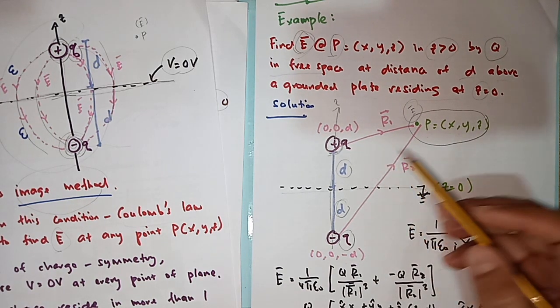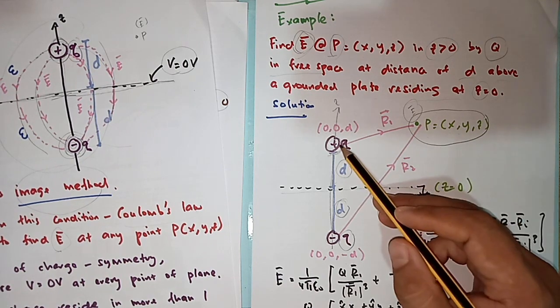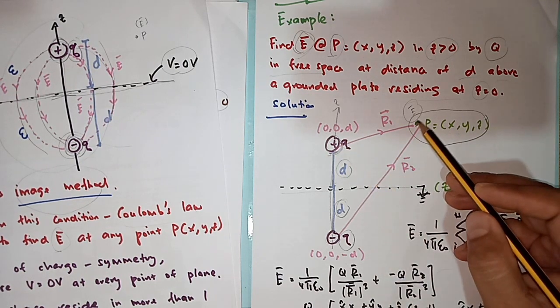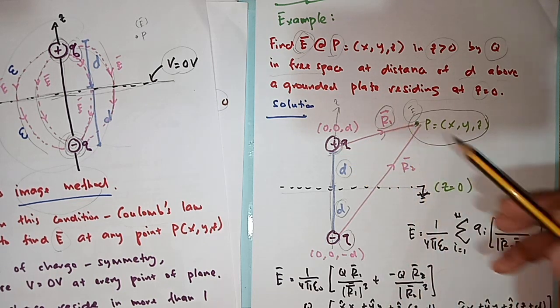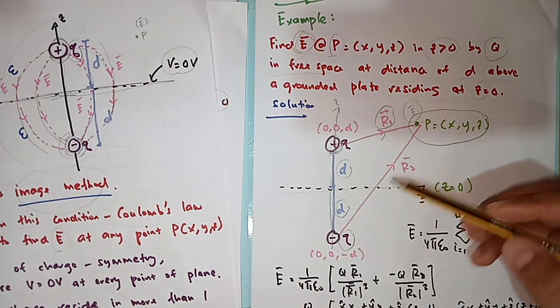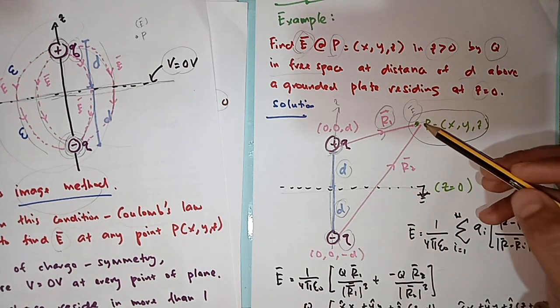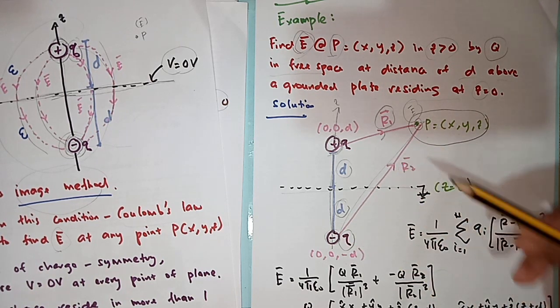Then we need to determine, for example, that from our positive Q to the point P is represented by this vector, R1 vector, and the direction and distance between our negative charge and the test point is represented by this R2 vector.